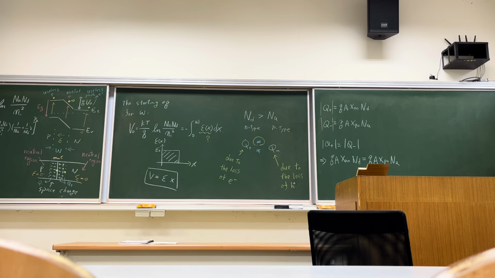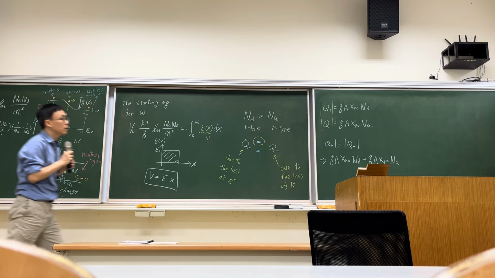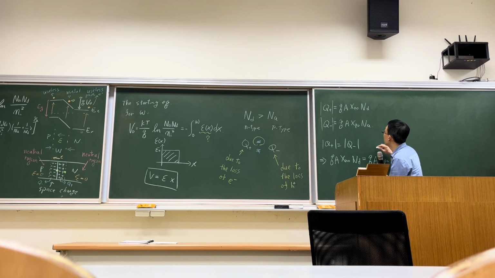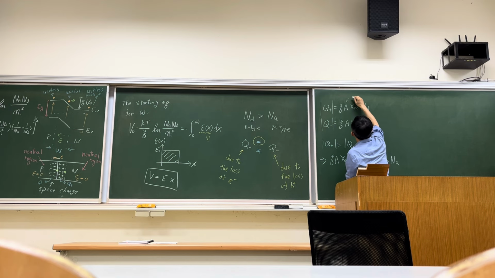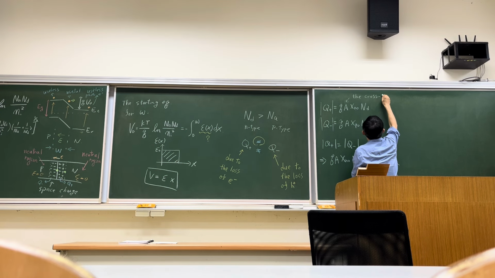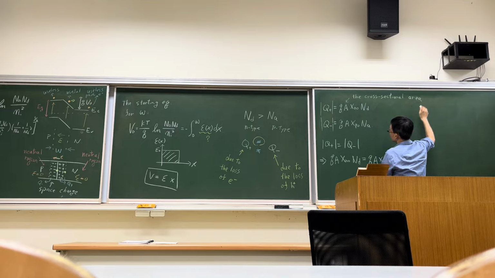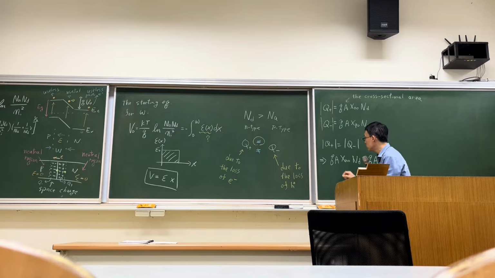What do you mean by inversely proportional? You can understand from this equation, right? Because A is the cross-sectional area, I hope you know it. So you can cancel the same terms.